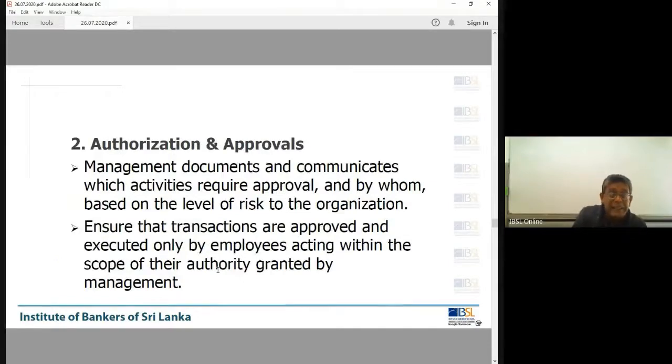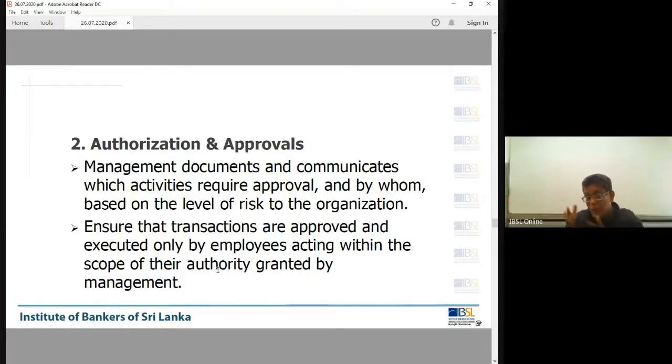And then the second one is authorizations and approvals. Now you are given authorization and approval limits. You can authorize up to so much of a credit facility. If you are at the counter, can you give any amount to customers when they come for withdrawal?